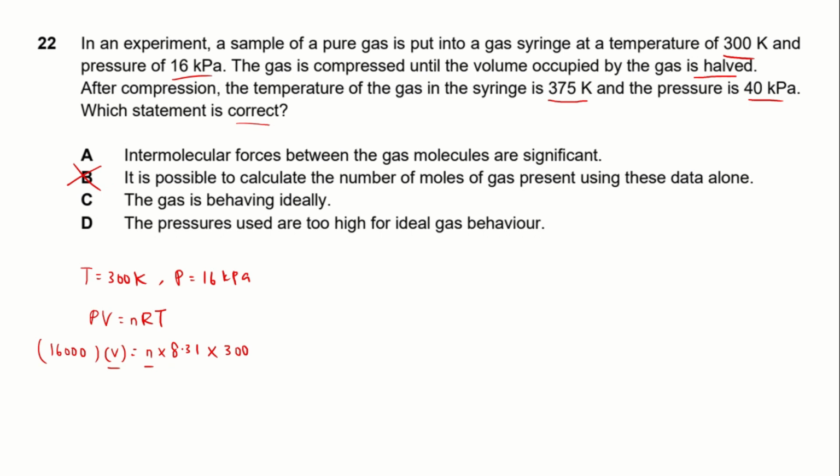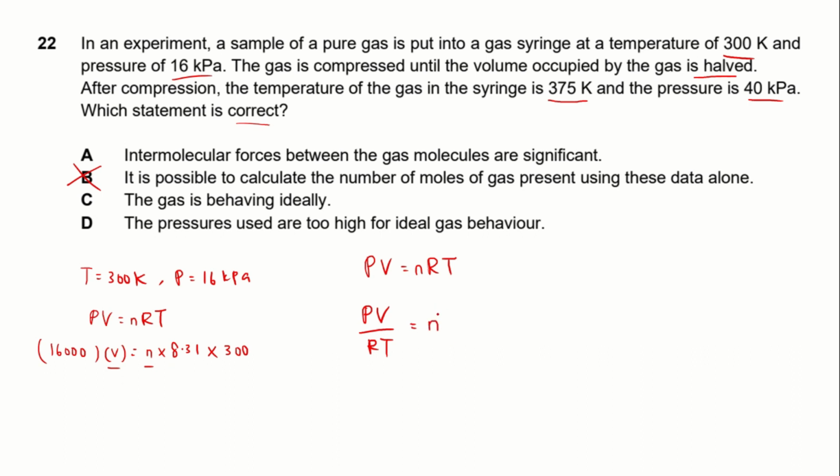How to prove that the gas is an ideal gas? We need to use PV equals nRT again. The number of moles of gas is not changed throughout the experiments. Although the pressure and the temperature have changed, the number of moles is the same. If I rearrange this equation to PV over RT, I'll get n.